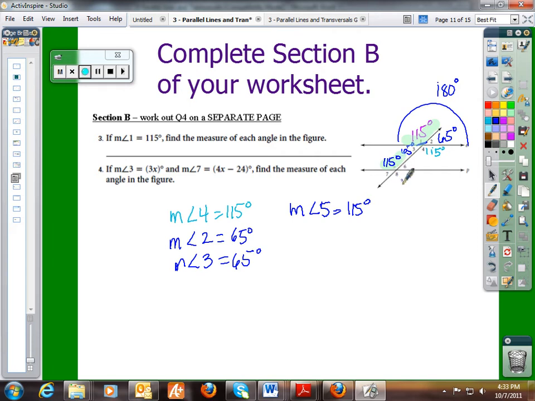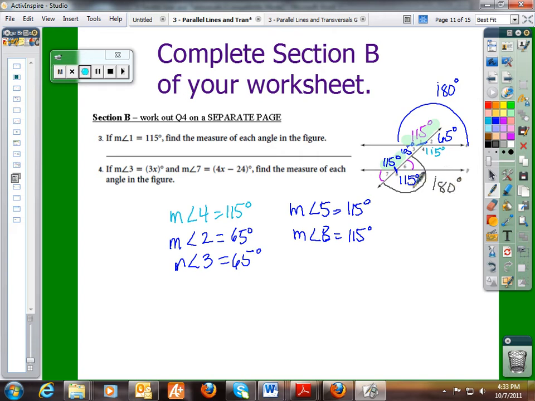Well, if I know that that's 115 degrees, I can use exactly the same method to find the other angles. So the measure of angle 8, which is directly across, is also 115 degrees because it's a vertical angle to angle 5. Lastly, we need to find angles 6 and 7. I'm going to do that the same way that I did originally, by using the idea that this whole angle is 180 degrees.